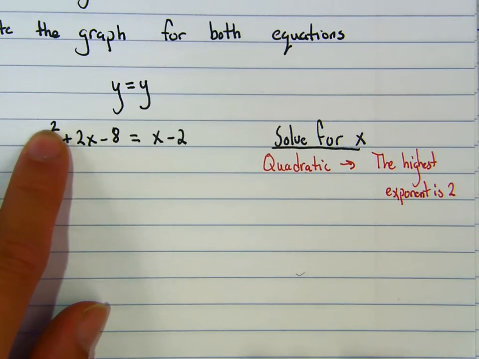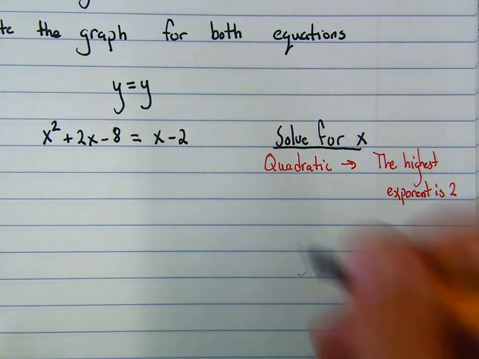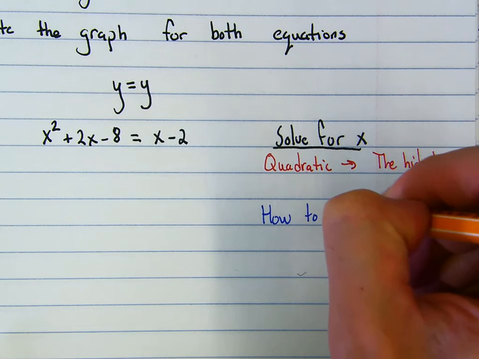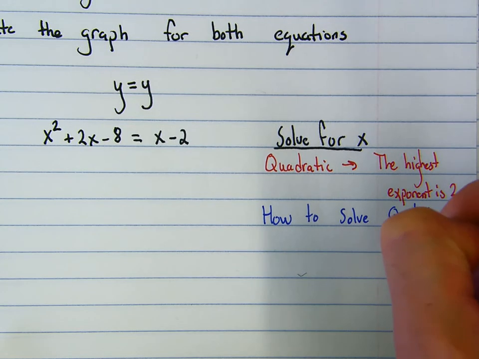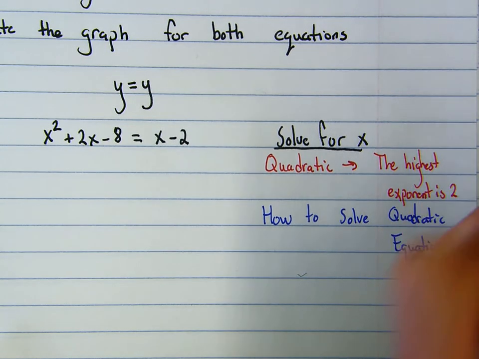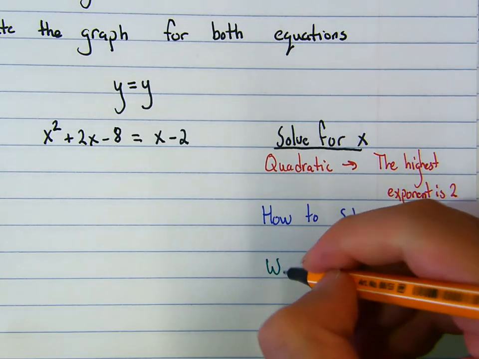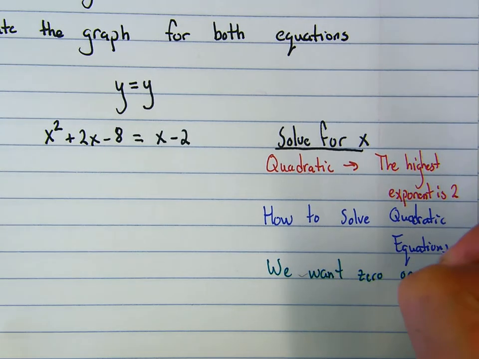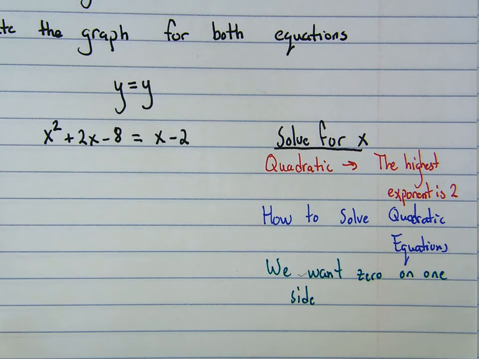Now, how to solve quadratic equations? We want 0. You want 0 on one side.